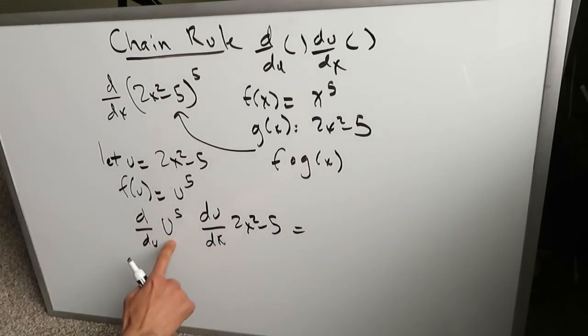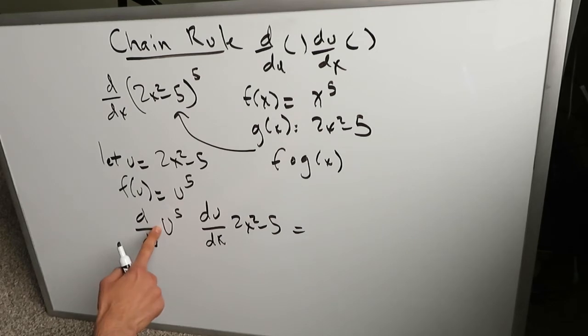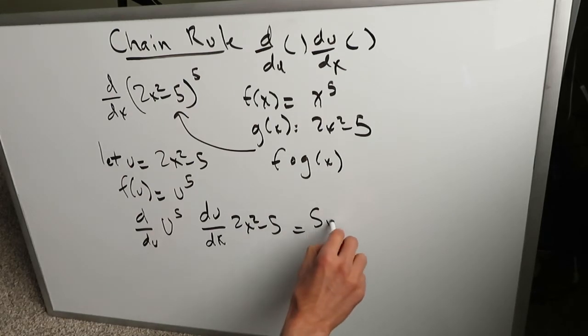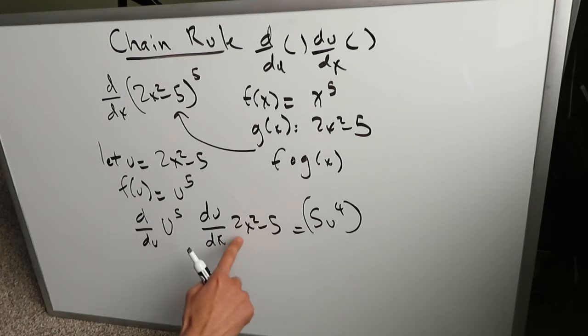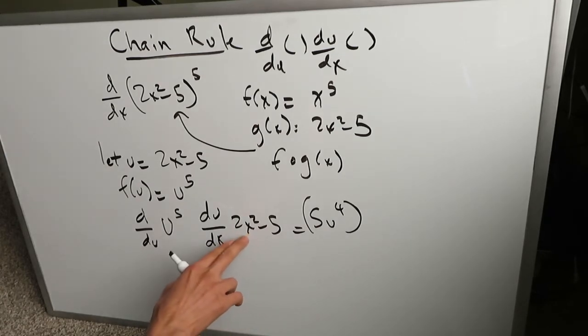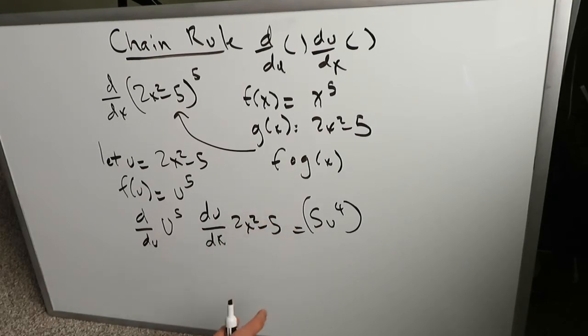Now do your individual derivations using the formula you know from the previous video, where the exponent becomes attached with the coefficient of your variable and the exponent is reduced by 1. So you get 5u to the 4 times, it's always in a times format. Now you have to look at these individually, because this right here you can separate them out as the derivative of 2x squared minus the derivative of 5, but you know derivatives of constants are always 0, so you're really looking only at the derivative of 2x squared.